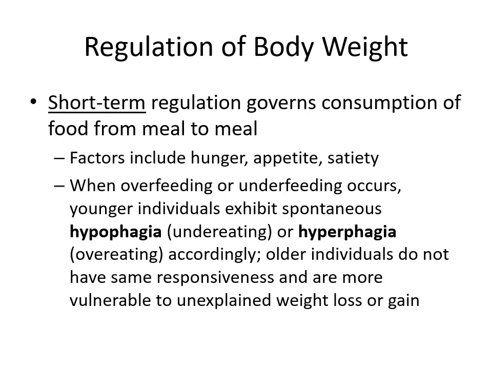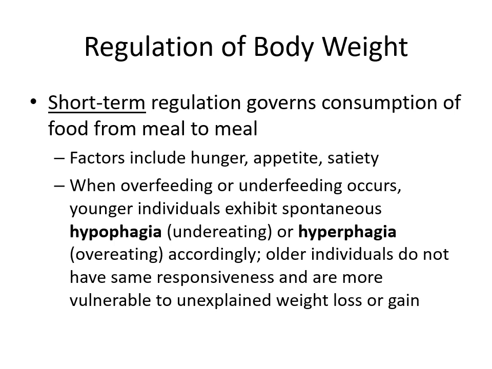Looking at the regulation of body weight, short-term regulation governs the consumption of food from meal to meal. This includes things like hunger, appetite, and satiety. When overfeeding or underfeeding occurs, younger individuals exhibit spontaneous hypophagia, eating less, or hyperphagia, eating more, accordingly.